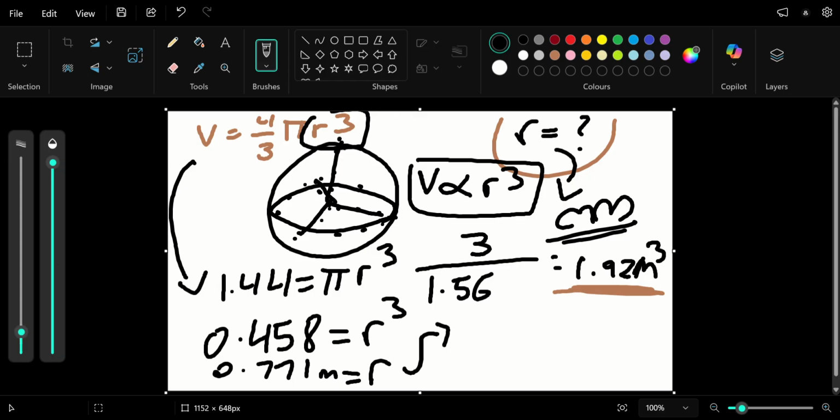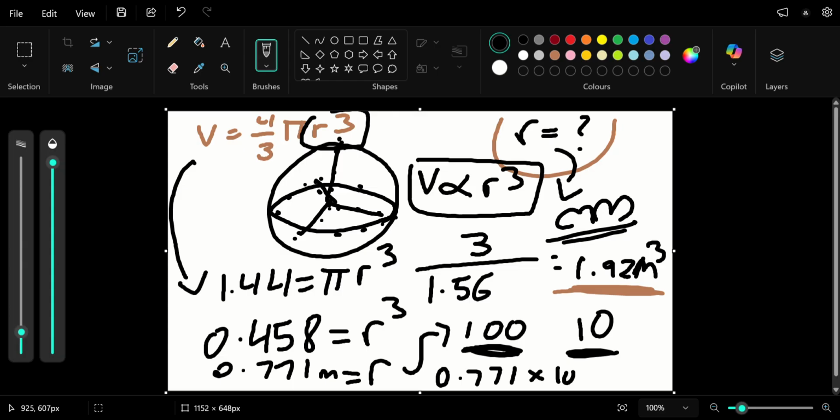Now, to convert 0.771 meters into millimeters, you have to remember how many centimeters are in a meter and how many millimeters in a centimeter. So I know there's 100 centimeters in a meter, and we know that there are 10 millimeters in a centimeter.